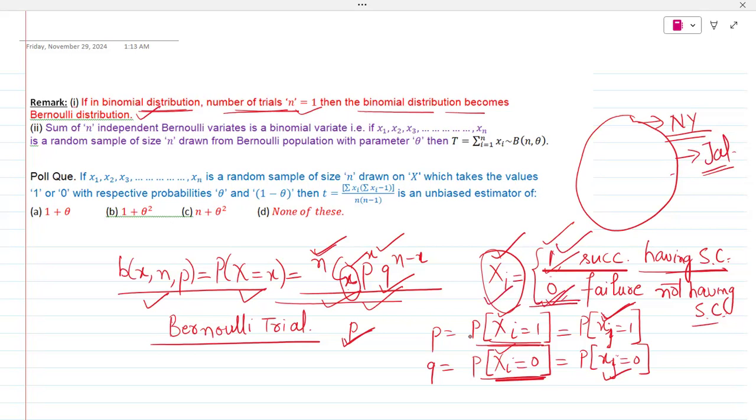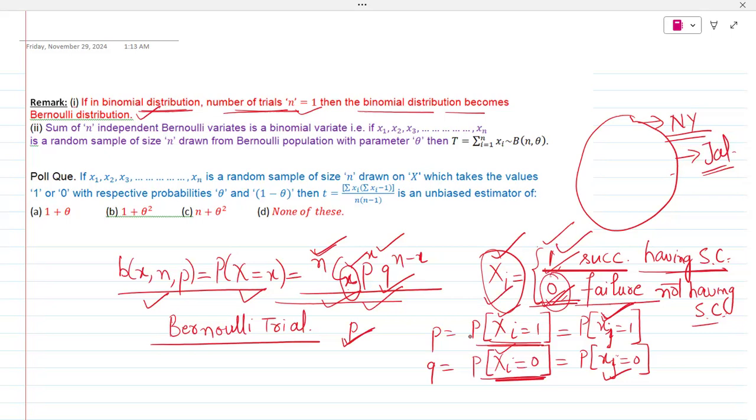What is xi here? Any Jalandhar citizen. If he or she has an iPhone, then xi takes the value 0, my failure. And if he or she doesn't have an iPhone, then it is my success, that xi takes the value 1. That's how we can turn any population into a Bernoulli population.